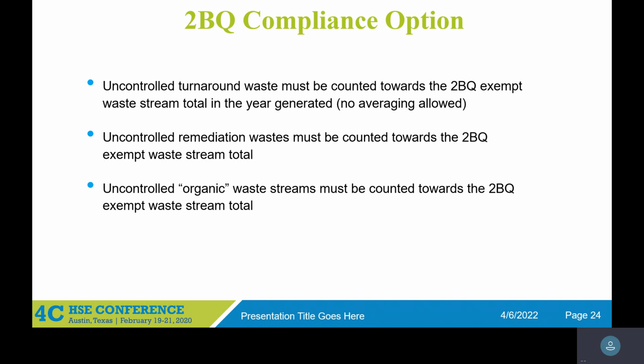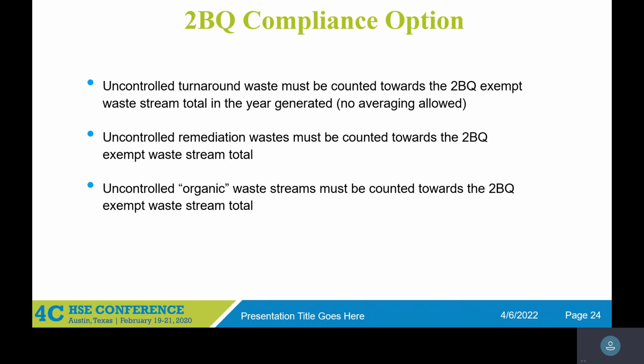Uncontrolled turnaround waste must be counted towards the year that it occurred. So you lose the exemption that you can average it. That's only for the TAB. Remediation waste counts here too. So while you didn't include it in the TAB, you have to include it here. Uncontrolled organic waste must be counted towards the 2BQ exempt waste stream total.